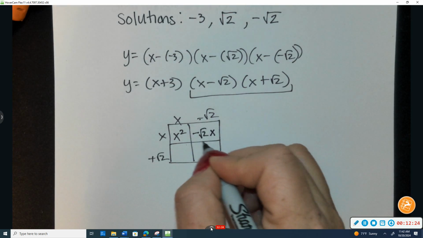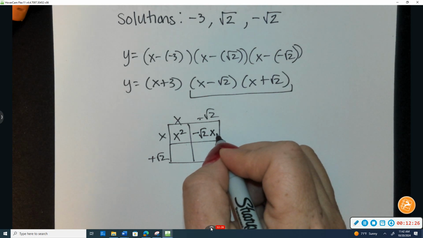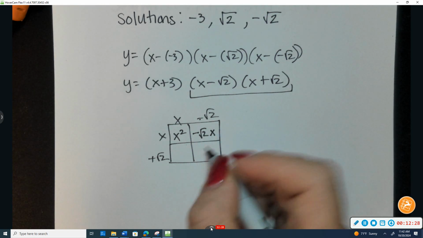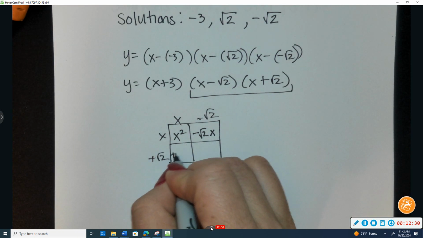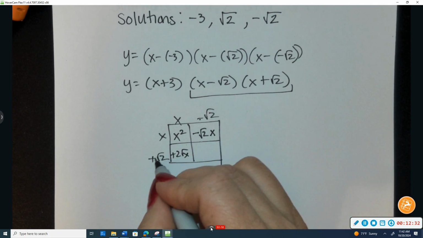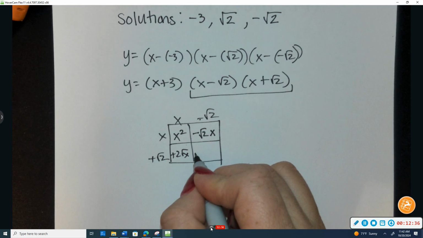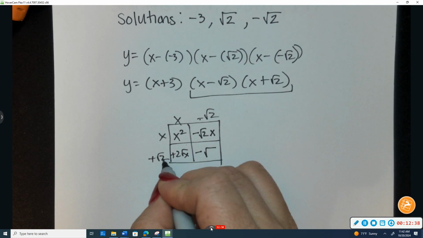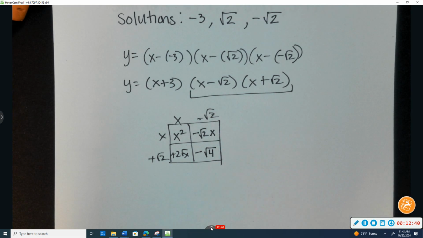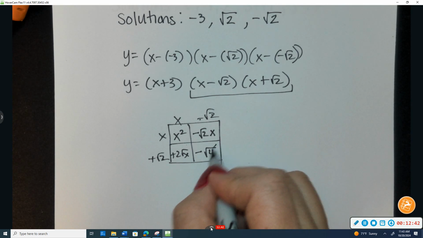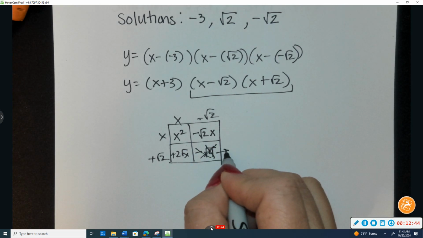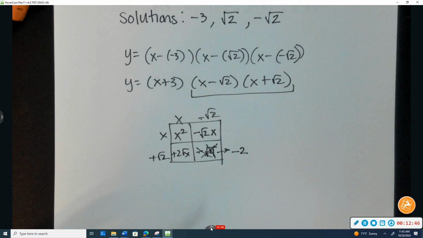Notice the x is outside or in back of the radical. It's not underneath with the 2. x times positive square root of 2. And now positive square root of 2 times negative square root of 2. Well, positive times negative is a negative, and 2 times 2 is 4. But I know the square root of 4 is actually 2. So this becomes negative 2.